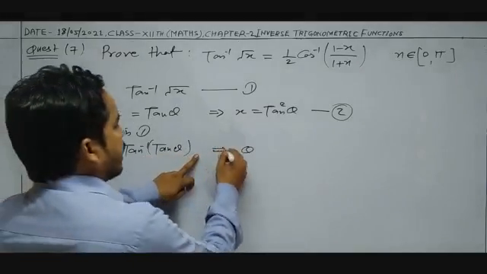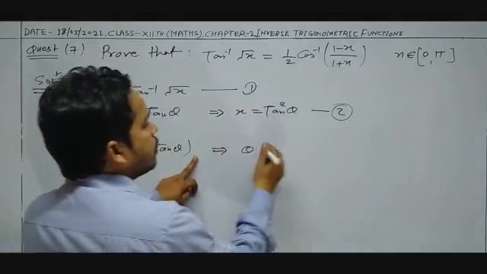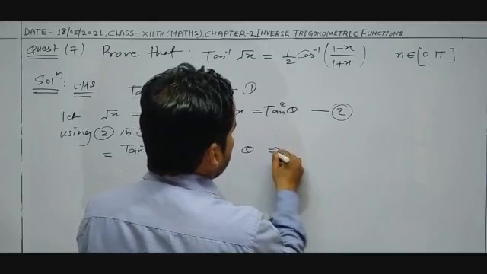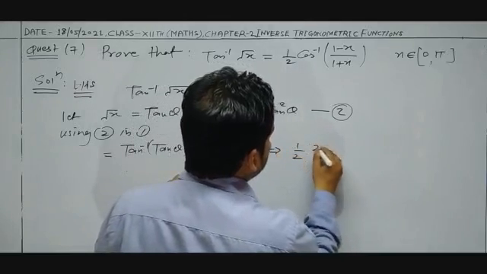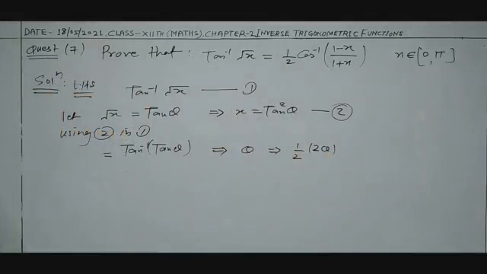And theta can be written as, because of 1 by 2 cos inverse, so 1 by 2 is not here, rationalize by 2, the result will be 1 by 2 into 2 theta.